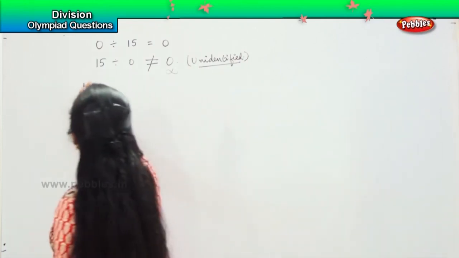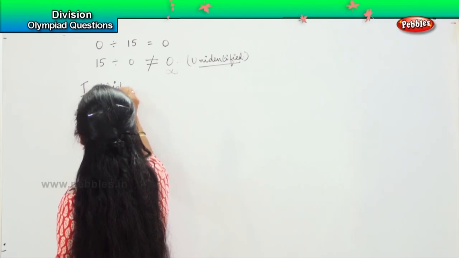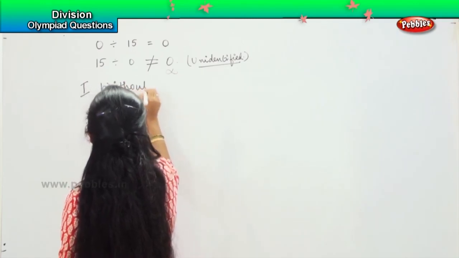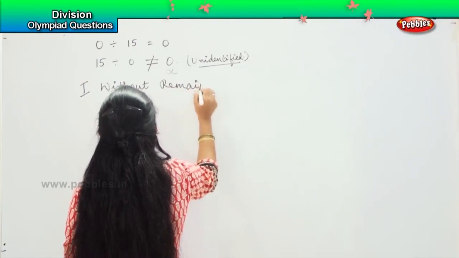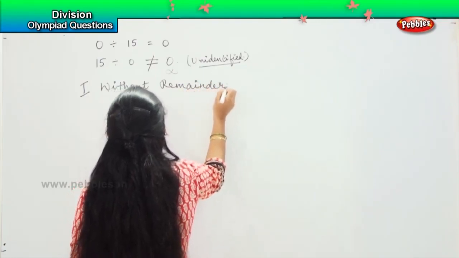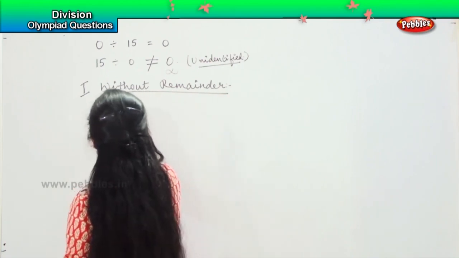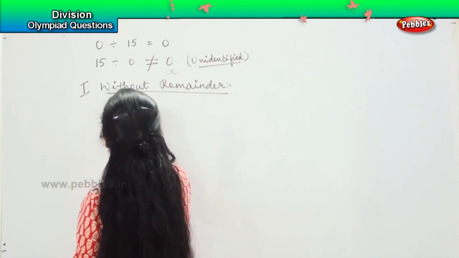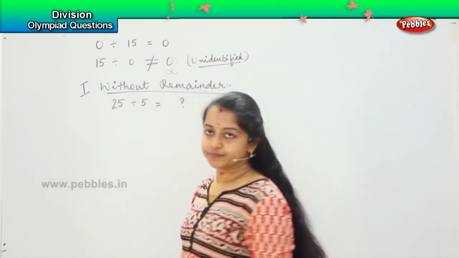Now, as I said, the first method is without remainder. My question is, say, 25 divided by 5 is equal to what?